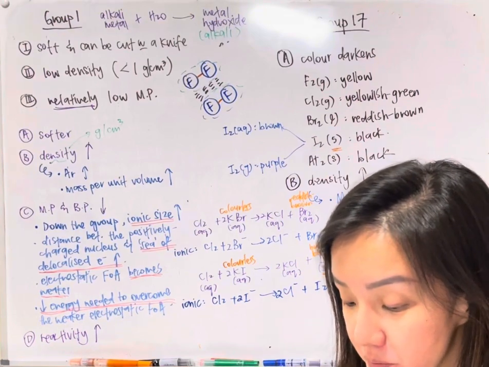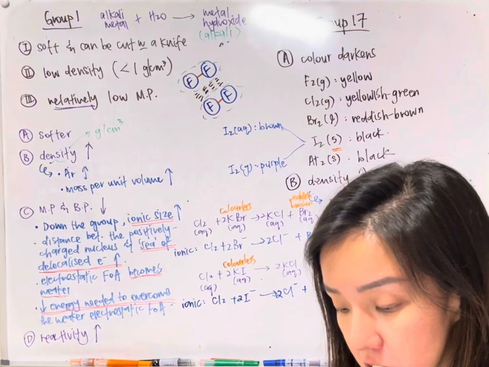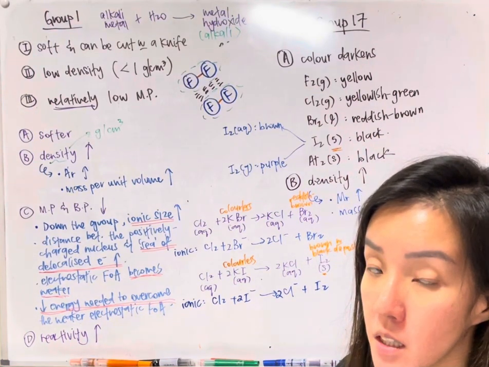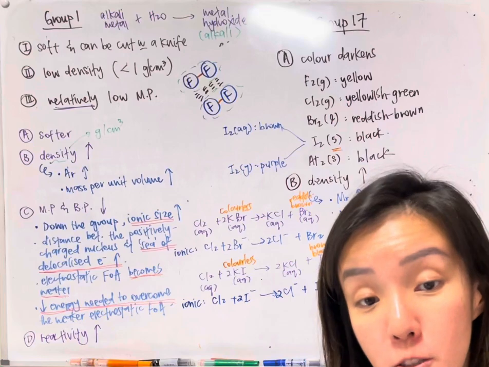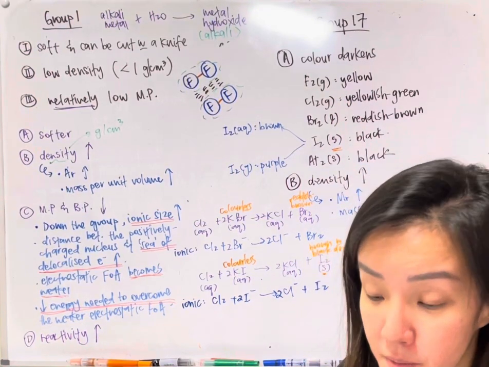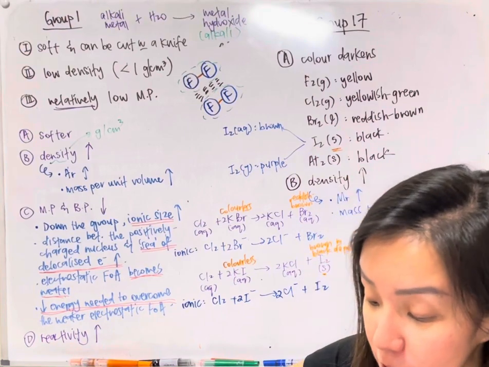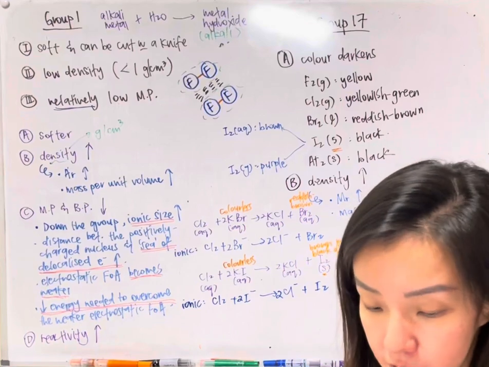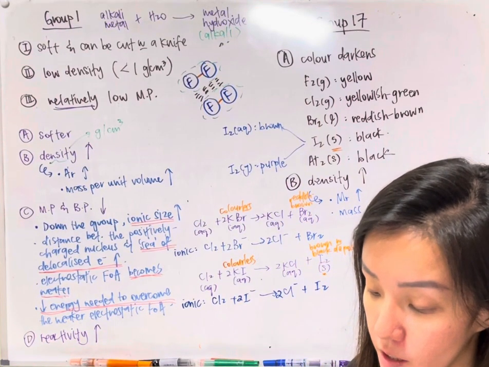So wrong. Melting point does not always increase. Only true down the group? No. Let me explain. Down group 1, what happens to melting point? Decrease, right? So you say only true down the group, no. Okay? Character, this is the only one correct, so 0.